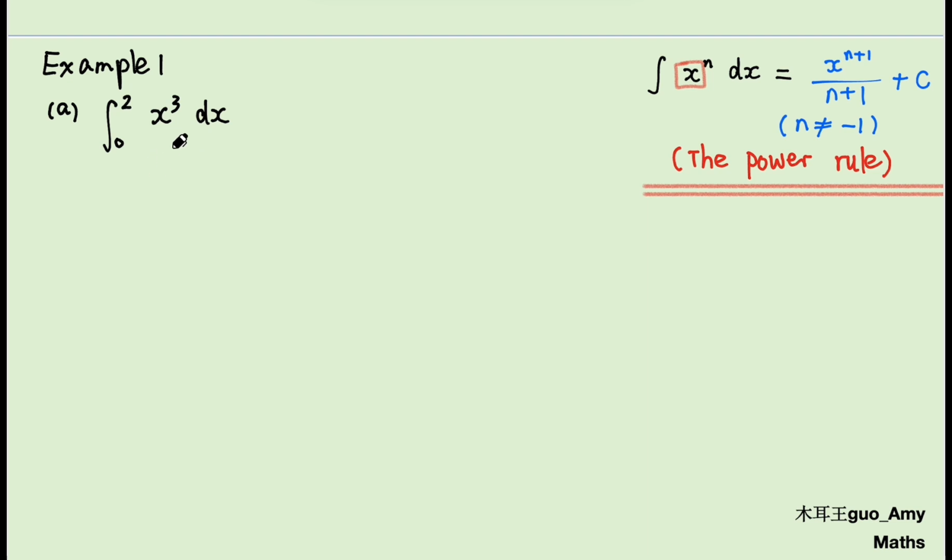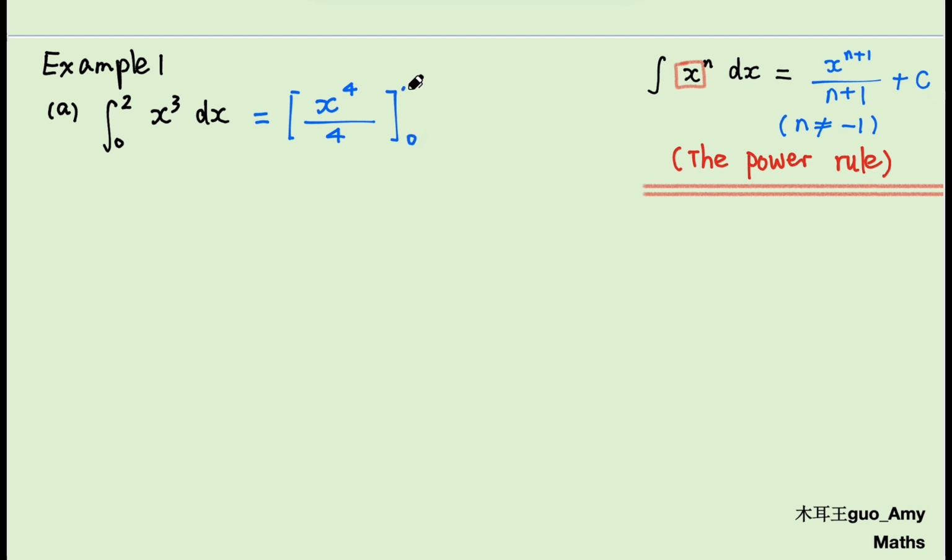First one, we have the definite integral of x to the power 3 from 0 to 2. Then we are going to compare with the formula, n equals 3. Then we will have x to the power 4 over 4. Since it's a definite integral, we are going to consider the simplest case with c equals 0.